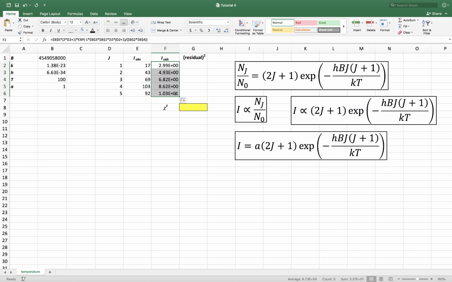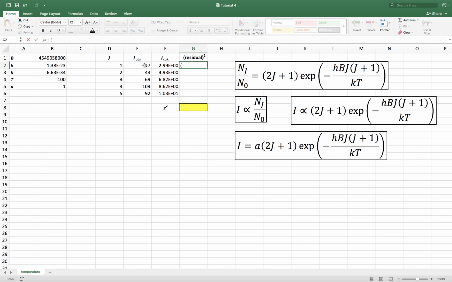Now, in order to do a minimization to determine the best values of temperature and the constant of proportionality that fit this observed data, I need to determine chi-squared, which you'll remember is the sum of the squares of the residuals. So let's calculate first the squares of the residuals for each of the 5 observations.